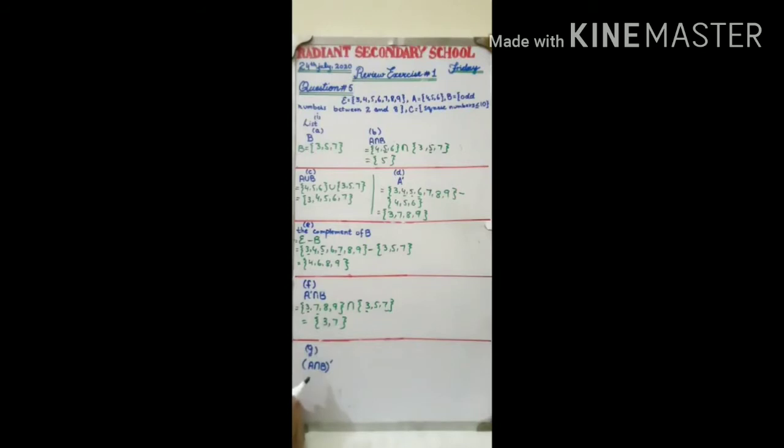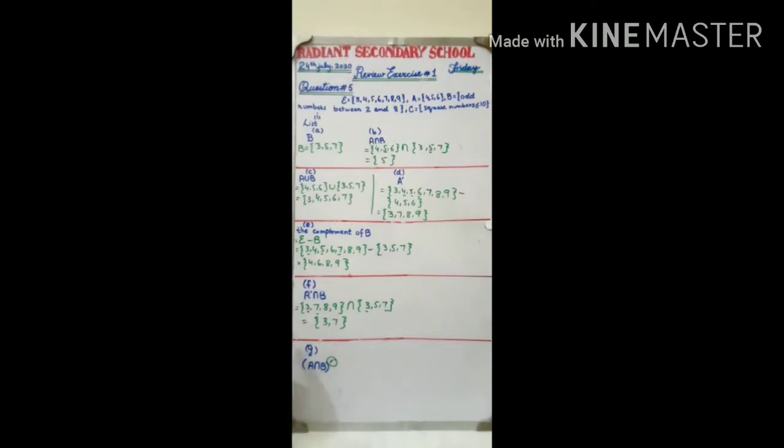Okay, come on G part. In G part we have to find A intersection B first, and after that we have to subtract the answer of A intersection B from universal set. Why? Because this sign indicates that we have to find complement of the whole answer. Which answer? A intersection B we have to find first here.